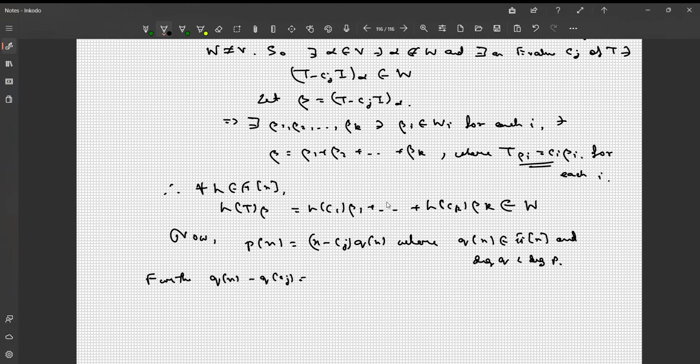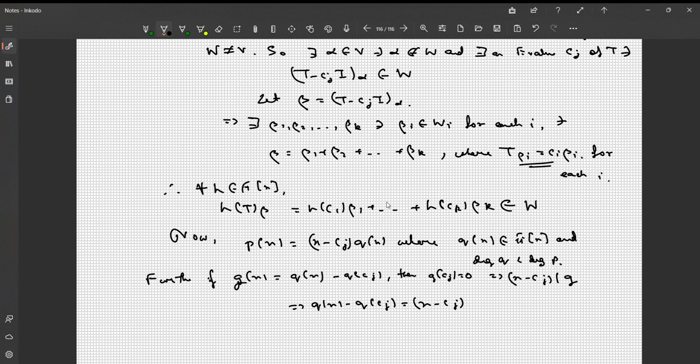Now for any such polynomial q, we can also write that q(x) minus q(cj) is also divisible by the factor x minus cj, because if you put x equal to cj here, it becomes 0, right? That is, I'm saying that further if we define a polynomial g(x) as q(x) minus q(cj), then g(cj) equals 0.